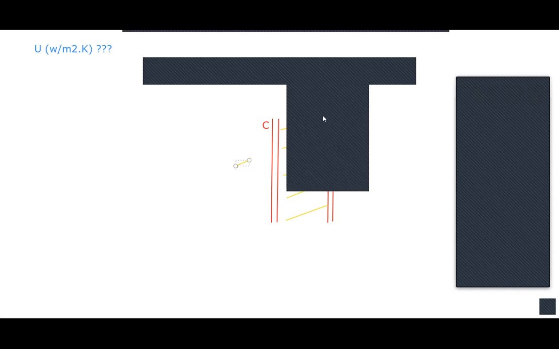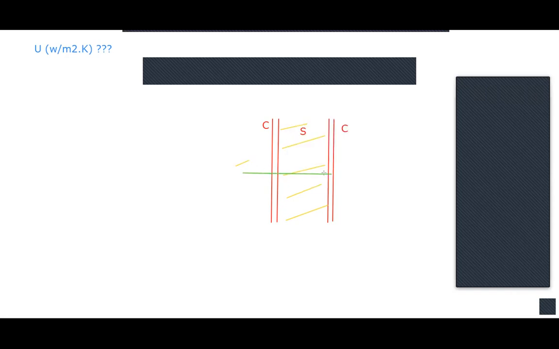I will mark also a letter: C stands for clay, S stands for straw, and again C is clay. Our heat goes from the left side, which is interior, in green color, to the right side, which is exterior.